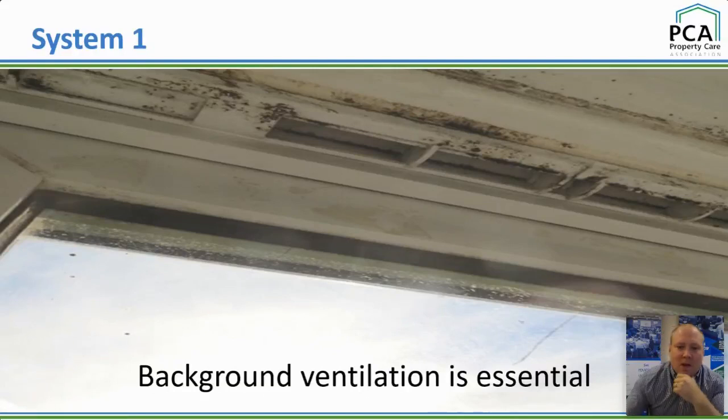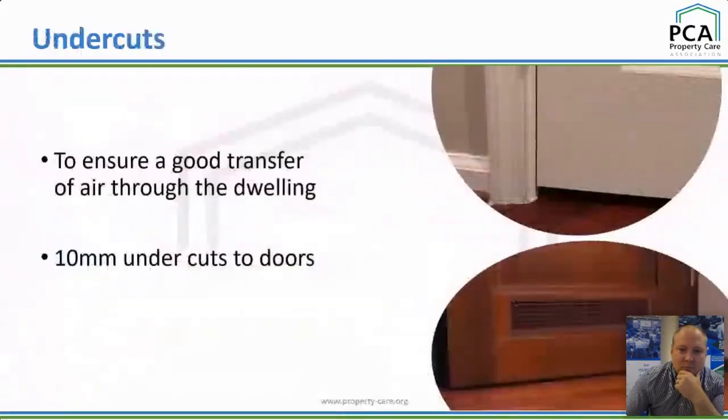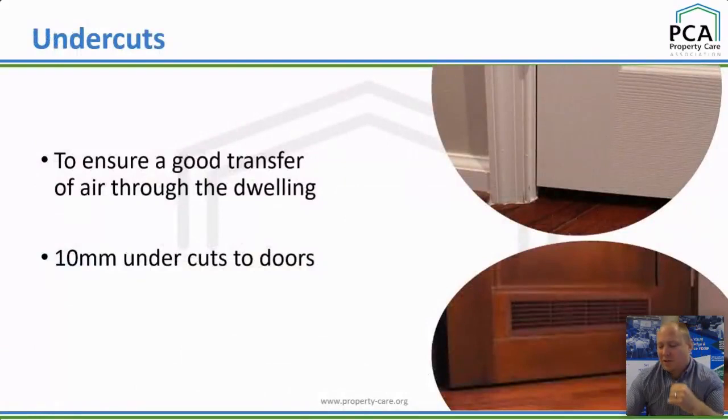But other things to look at: undercuts under doors, and I think the significance of this is underplayed. This is important for all ventilation systems, really, but it's vitally important to ensure you get airflow throughout the whole of the building. So doors should have a 10 mil undercut, if you've got a finished floor surface, I should add, to each of the doors to ensure that there is airflow underneath.